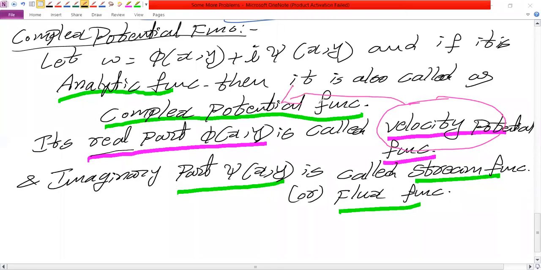Now if they ask for a complex potential function, will the process be the same? Same process. Finding the analytic function, that is the complex potential function, when they provide the real part, which is the velocity potential function. In the same manner, we find the analytic function, the complex potential function, when they provide the imaginary part v of x, y, that is psi of x, y.